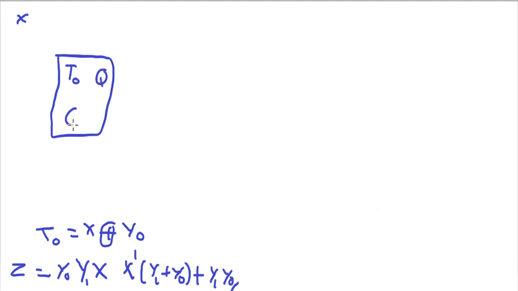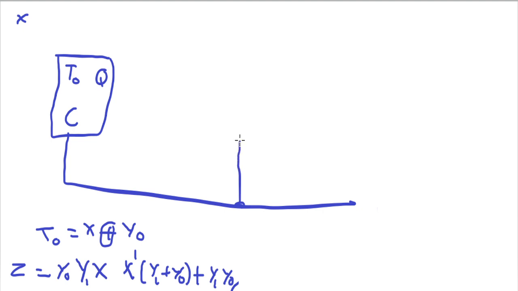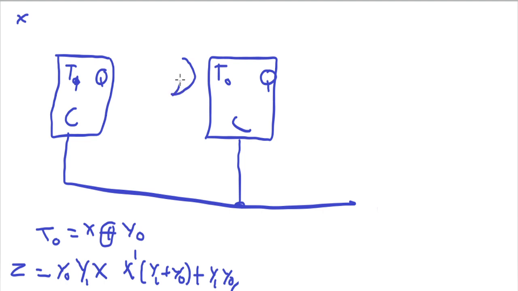Q, don't forget the clock because she'll take a point off. T, actually let's make this one 1 and this one 0. Q, and clock.